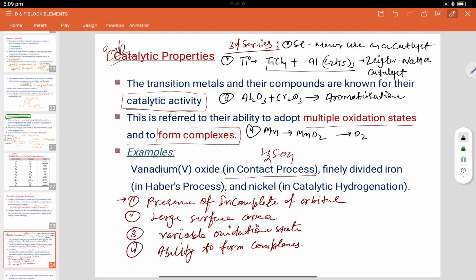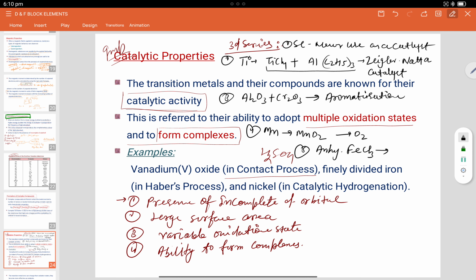Iron is used in the Friedel-Crafts reaction, anhydrous FeCl3, Friedel-Crafts alkylation. Nickel and copper are used in aromatization, copper tube and heat. There are so many uses for the catalytic property of d block elements.